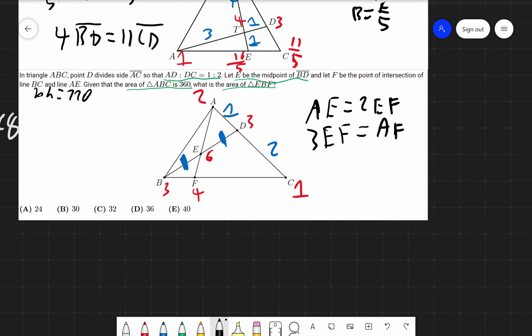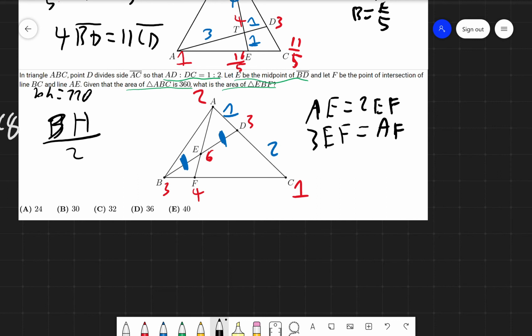It'll be different. Let's say that capital B is the base of BEF, and capital H is the height of BEF. So BH over 2 is what we're looking for, right? Now we can put it in terms of lowercase b and lowercase h, right? That'll be helpful, and then we can find this out.